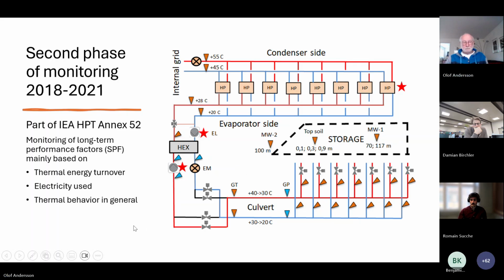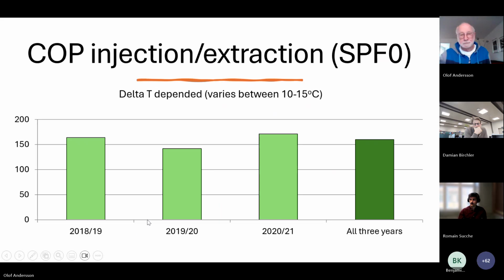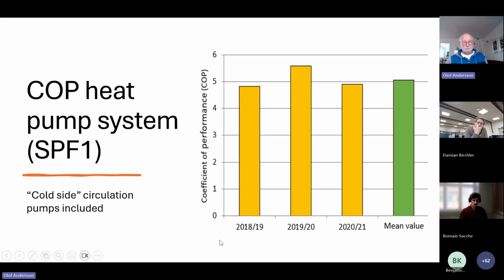The COP, when it just comes to circulating the fluid, turns out to be a little bit more than 150, so that's very good, and it's due to that it works with a high delta T. The COP of the heat pump system is around 5.